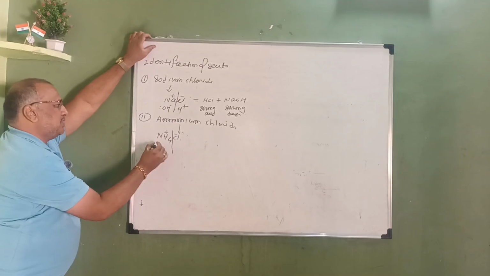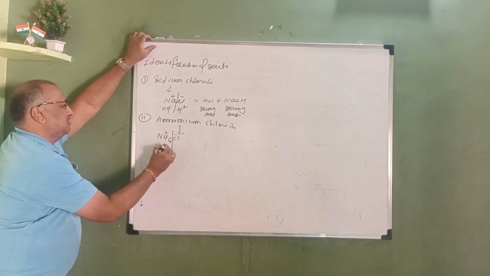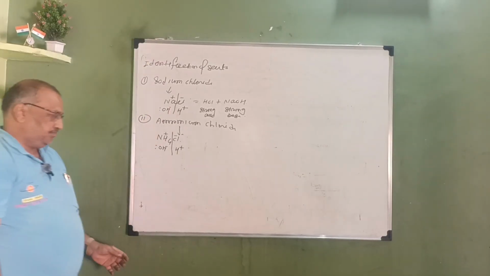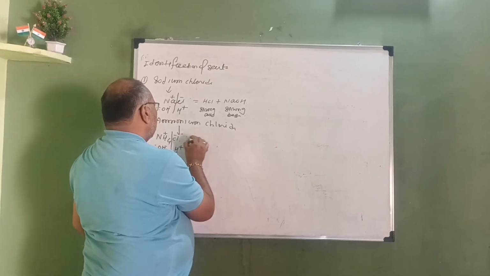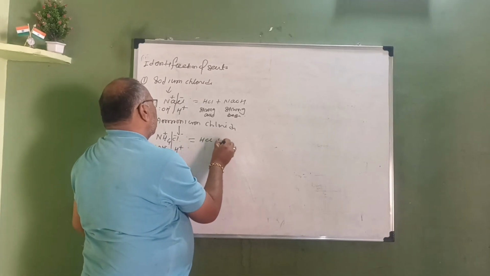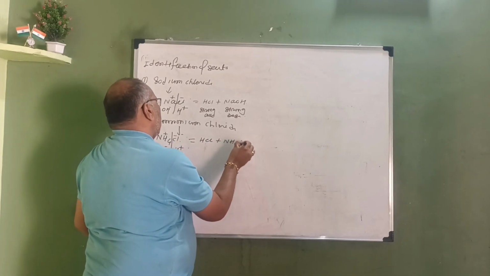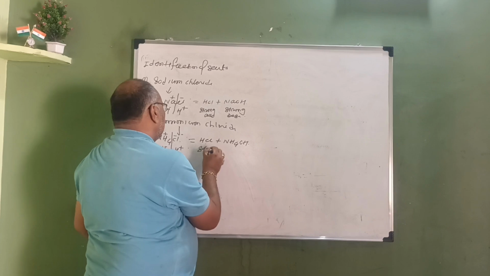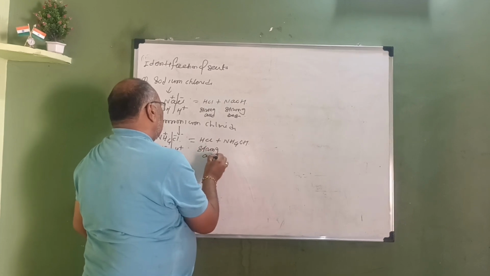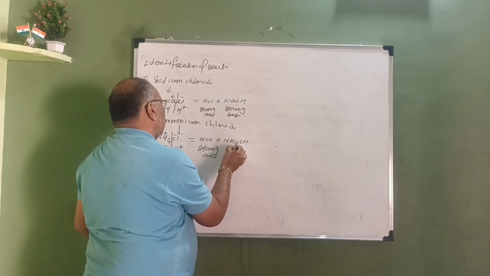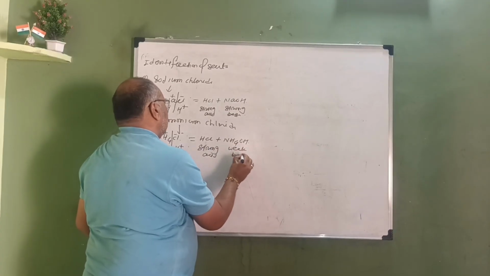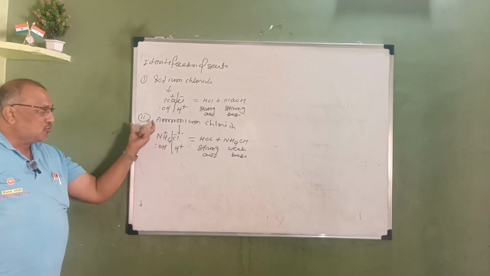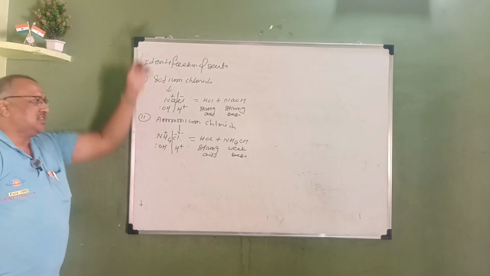Attach OH minus ion to the cation and H plus ion to the anion. It becomes HCl plus NH4OH. This is strong acid and this is weak base. That means ammonium chloride is a salt of strong acid and weak base.